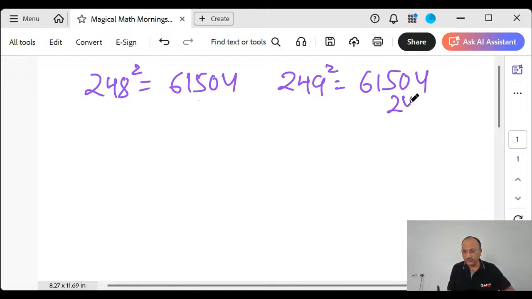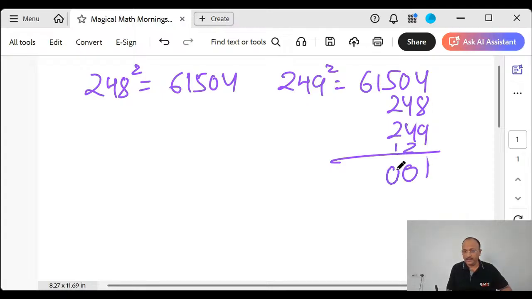For that you add 248 and then you add the successor 249. Whenever you want to find the successor, you add that number and you add the successor. What do you get? 62001 is 249 square.